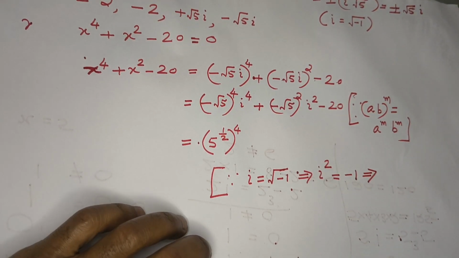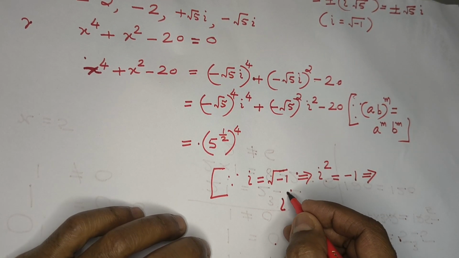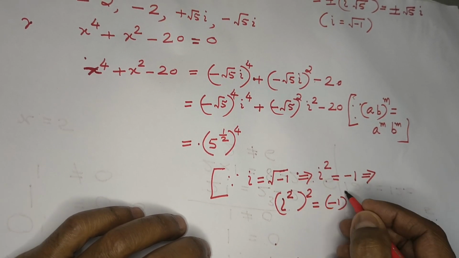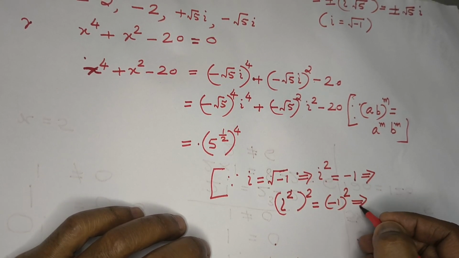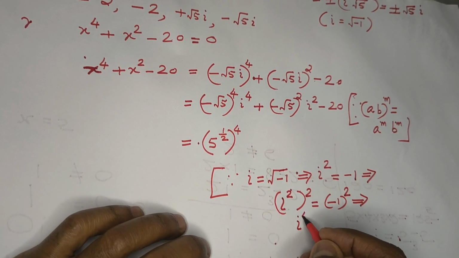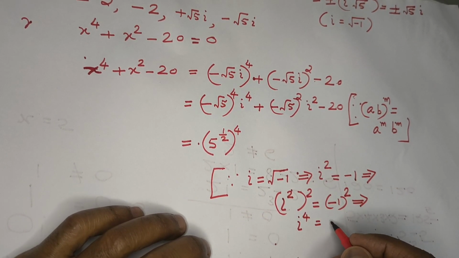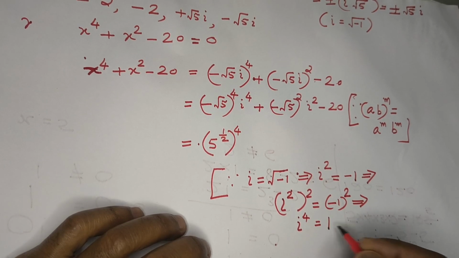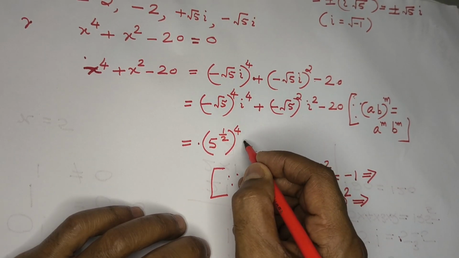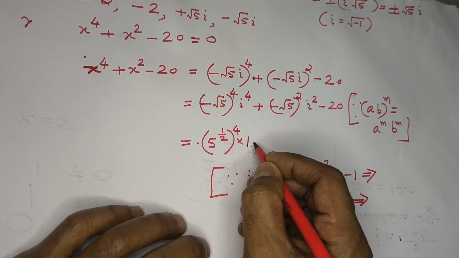This implies, let me square it again. 2 into 2, 4. And this is minus 1 into minus 1. You will have plus 1. So I power 4 is equal to 1. So let me write 1 here.